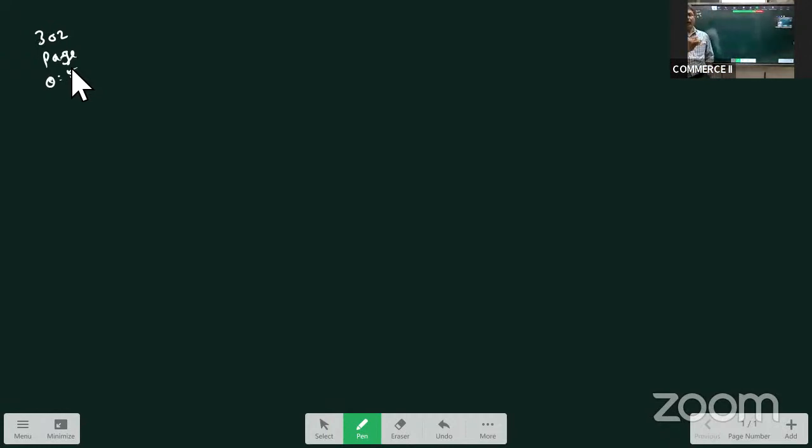But if you do not want to show the amount of goodwill in the balance sheet, what we do is we write off the goodwill. We haven't done any problem on that yet, but maybe further we'll be doing problems even on that method. But as of now, question number 5, let us begin with what? We'll begin with revaluation account.